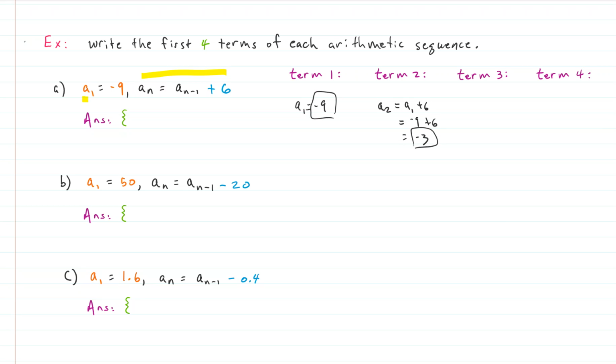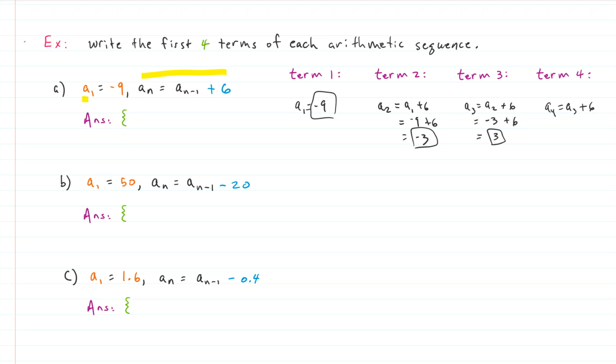What is a sub 3? A sub 2, the one previous, plus 6. A sub 2 is -3, and we are adding 6, so that gives us +3. And finally, a sub 4, we use a sub 3, and again we add 6.